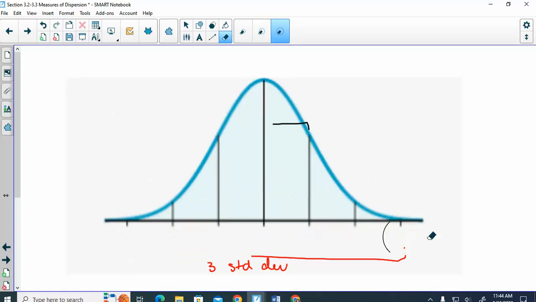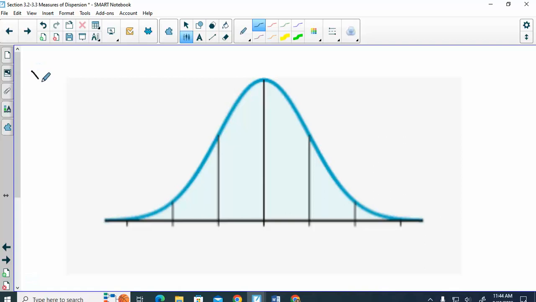So in this scenario, we said the mean was 57.4. So that's the middle. Standard deviation is 11.7. So to get one standard deviation above, you do 57.4 plus 11.7. If you want the others, you just keep adding 11.7.